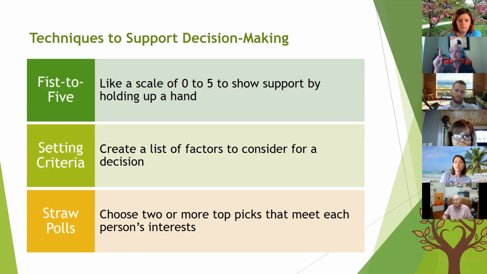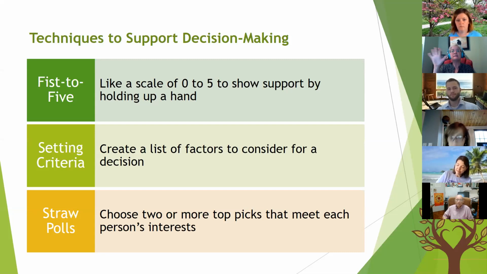So if somebody holds up a 1, and we're going to talk about this later too, they may have some deep reservations about it, but I could be convinced. 2 means that I have reservations, but I'm really leaning more toward supporting this. 3 means I'm somewhat in the middle. 4 means I'm almost to a 5, and I would definitely go along with it.